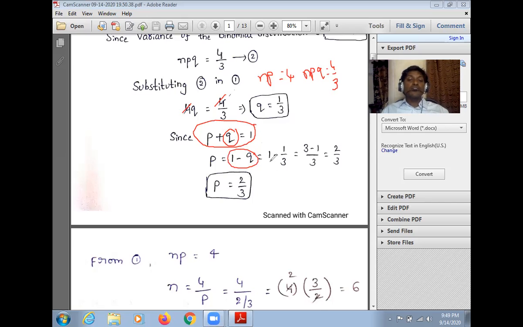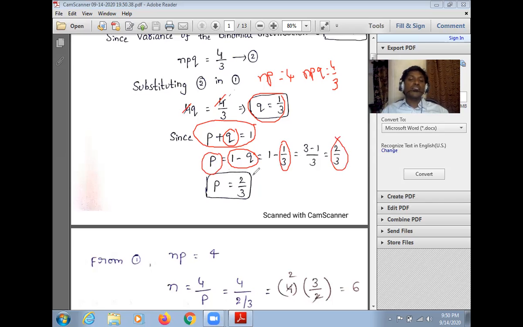Substituting q as 1 by 3 and taking the LCM, which is 3, 1 into 3 is 3, so 3 minus 1 gives 2 by 3. So p is equal to 2 by 3.